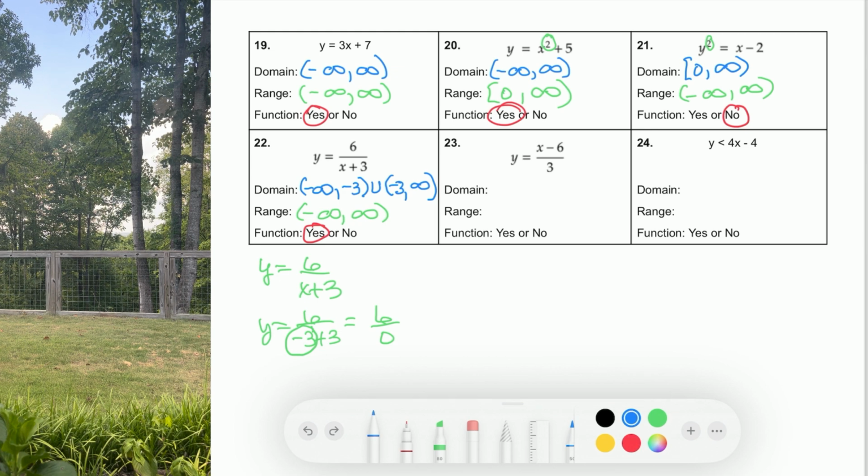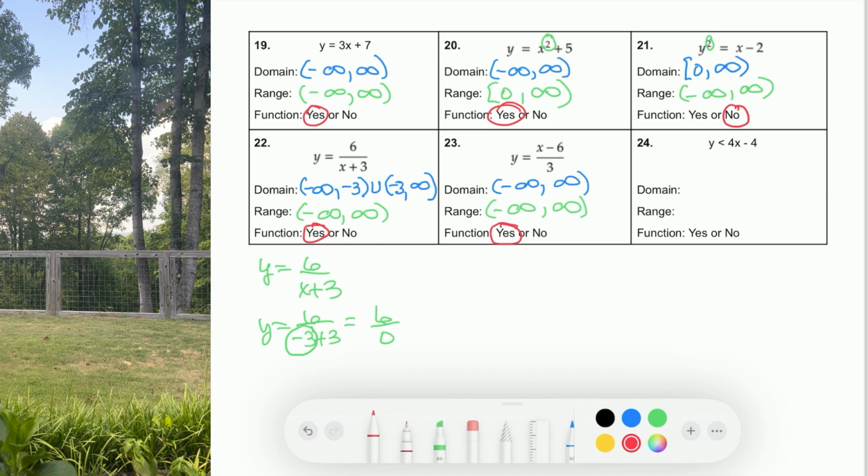And yes, we will. So I'm going to put -infinity to positive infinity for both of these. Now we need to think about, is this a function? Well, we don't have a y squared, we don't have an inequality, and for every unique x, we'll have a unique y. So yes, it is a function.